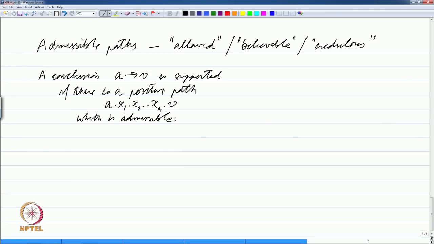I will define admissible in a moment. In a similar fashion, we can say that A dot not W is supported if there is a negative path A dot x 1 dot x 2 dot x n dot not W.